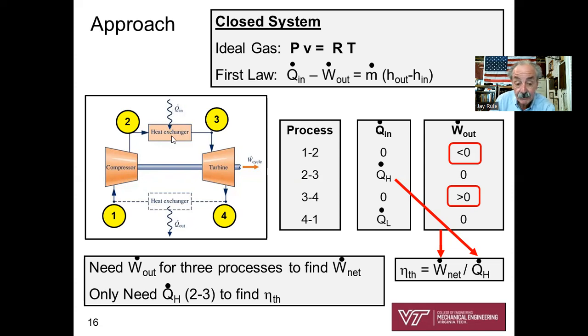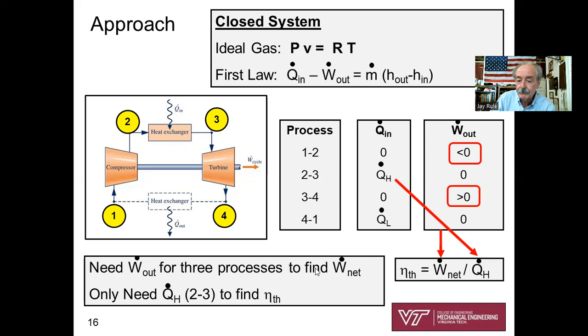There's no shaft coming out of the heat exchanger process. 3 to 4, it's an adiabatic turbine, but irreversible. W dot out is going to be a positive number, W dot over m dot. 4 to 1, well, that's where we reject heat, and we're not even going to have to study process 4 to 1 to get everything we need in this analysis. So let's see.